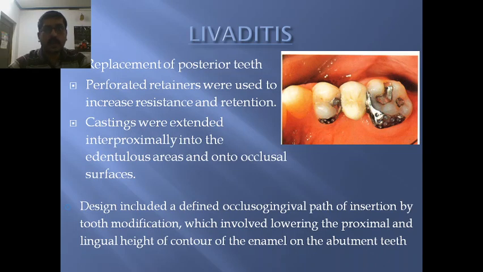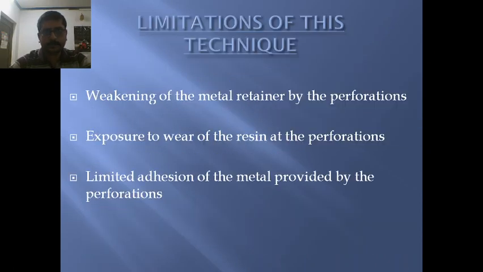How can we get a defined occluso-gingival path of insertion? That is by tooth modification, which involved lowering the proximal and lingual height of contour of the enamel on the abutment teeth. But there were certain limitations of this technique: weakening of the metal retainer by the perforations, exposure to wear of the resin at the perforations, and limited adhesion of the metal provided by the perforations.